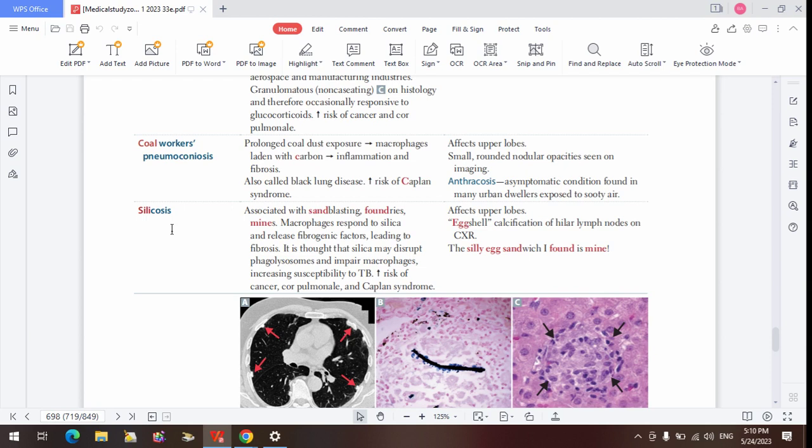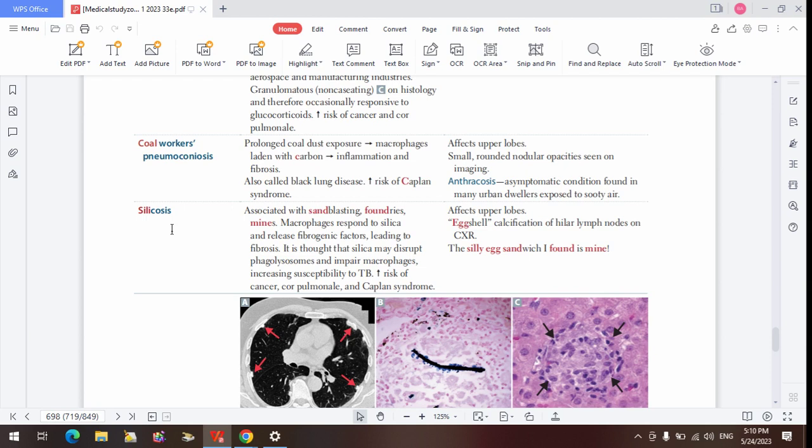The phagosomes will merge with lysosomes, because lysosomes contain digestive enzymes to help us digest those silica particles. But silica has been found to inhibit that fusion. It doesn't allow the phagosome to fuse with the lysosome. It even impairs the activity of the macrophage to engulf.